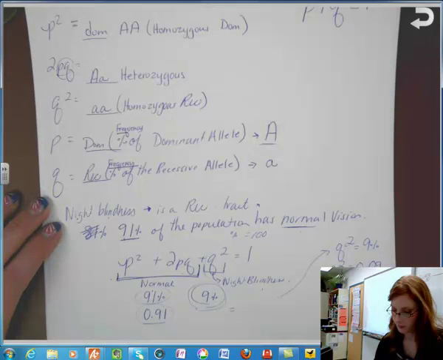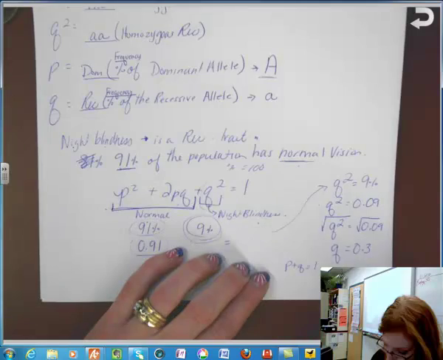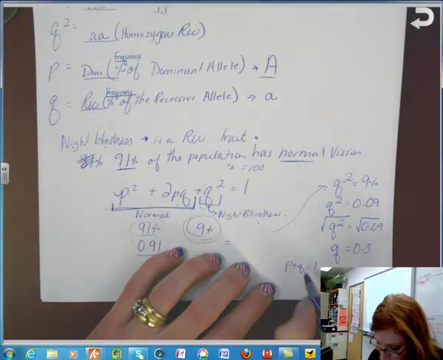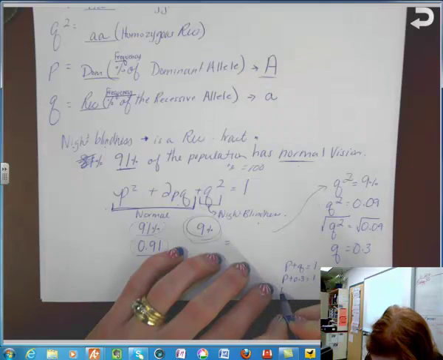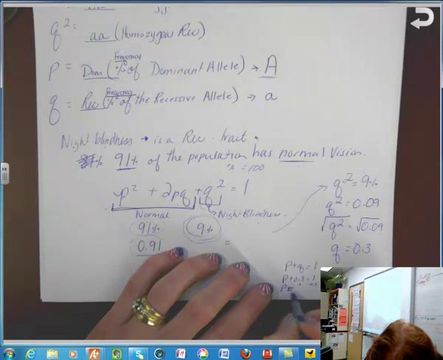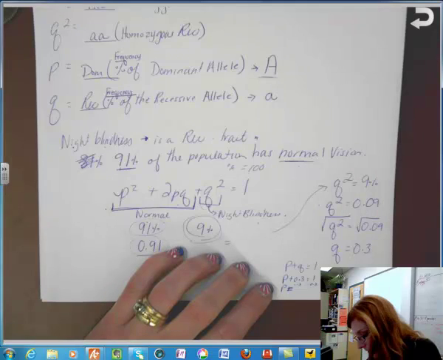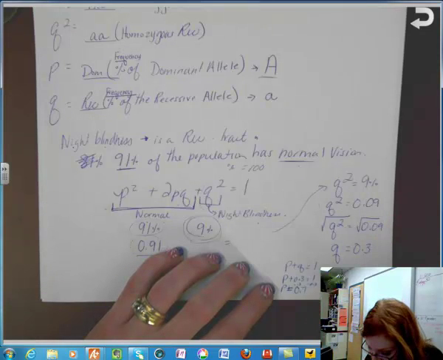Now, if we know that p plus q equals 1, I can sub this all in, and I'm sure you can do this the shorter way. So if p plus 0.3 equals 1, and I need to subtract 0.3 from each side, then I have p equals 1 minus 0.3, which gives me decimal 0.7. So p is 0.7.